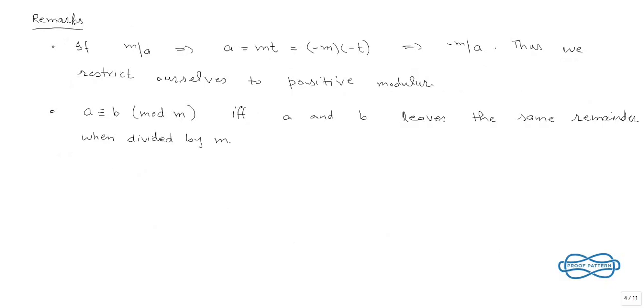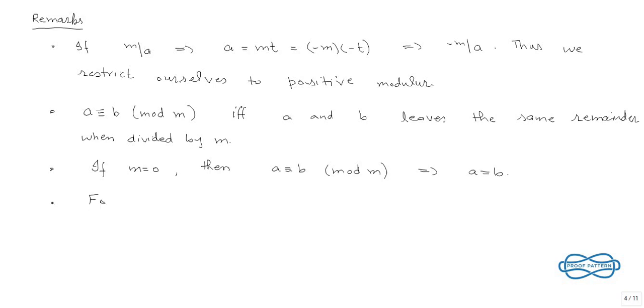Alright. The next remark is, if m is equal to 0, then A is congruent to B mod m implies that A is equal to B. Alright, we move to the next remark.